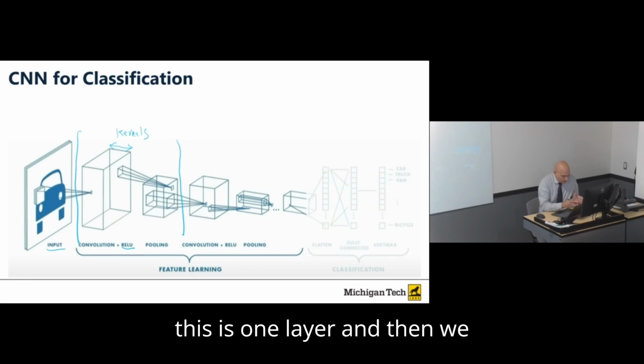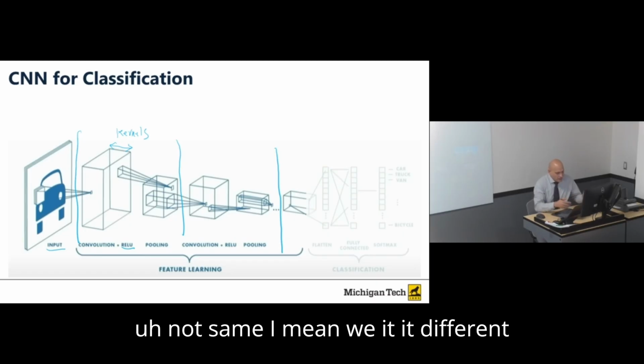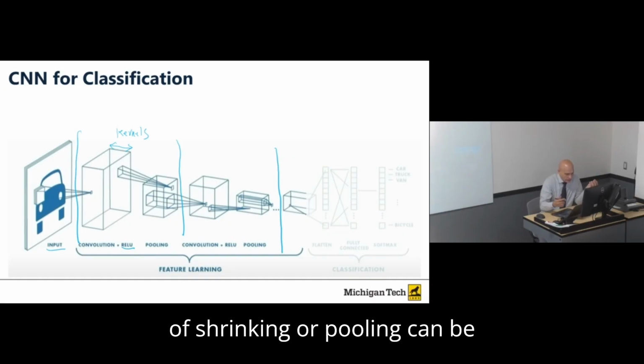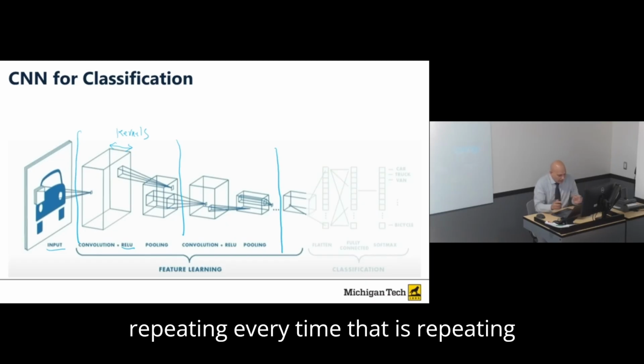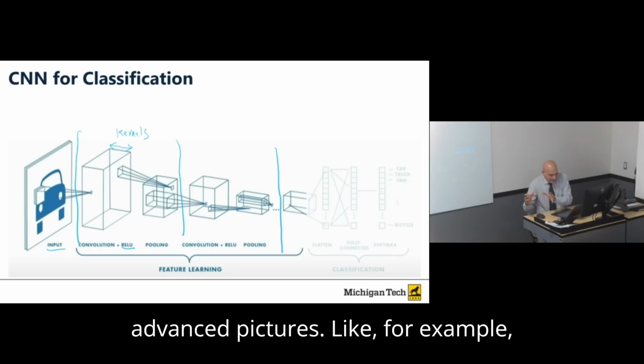This is one layer. And then we do the same, not the same, I mean, different kernels for sure, and the method of shrinking or pooling can be different. It's not always the same, but it's repeating. Every time it repeats, we are getting more advanced features in the pictures.